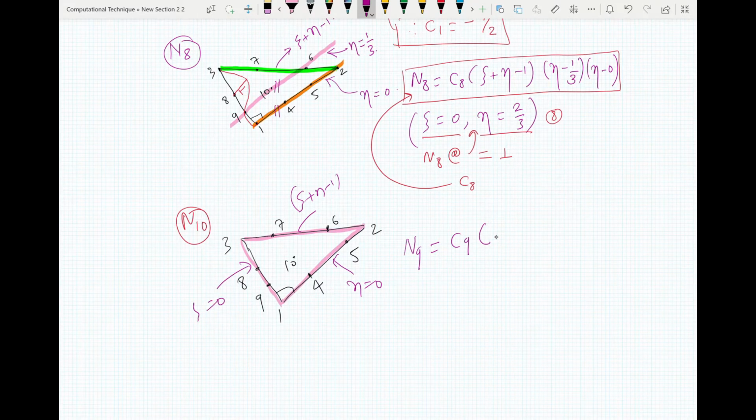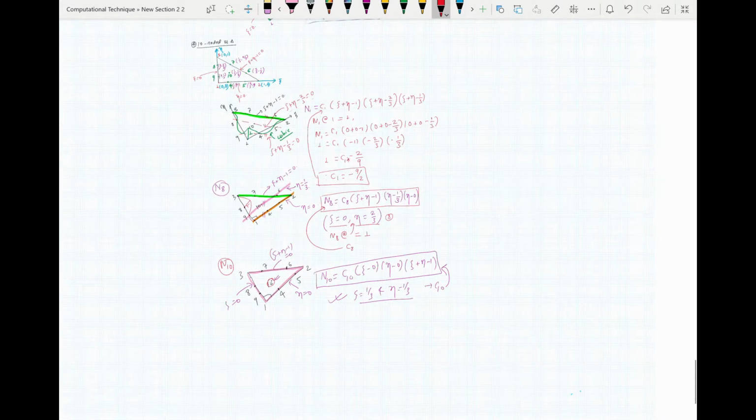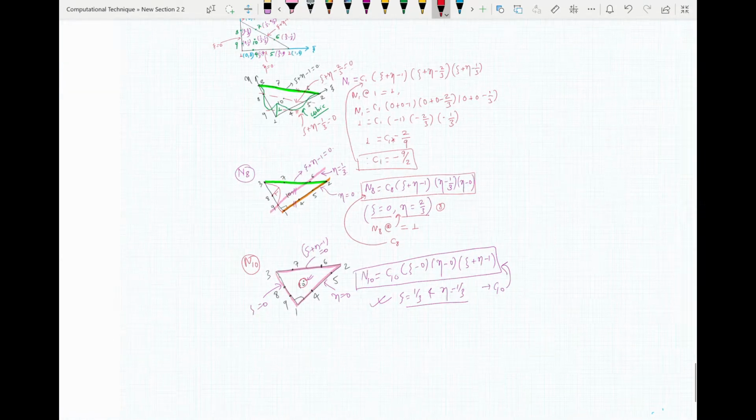Therefore it will be xi minus 0, eta minus 0, and xi plus eta minus 1. Here we can plug in xi equals 1 by 3 and eta equals 1 by 3 to obtain your C10, and then substitute it back here. Now you see, this is how we obtain our shape functions for triangular elements.